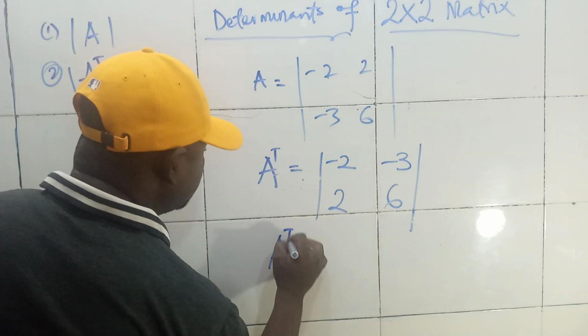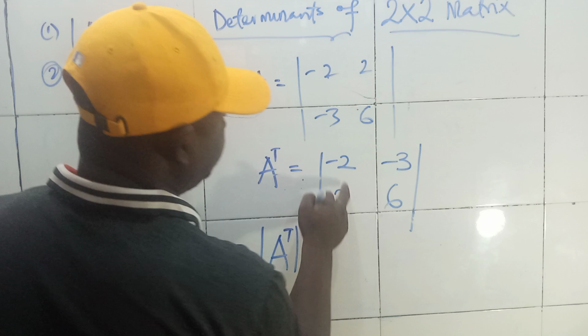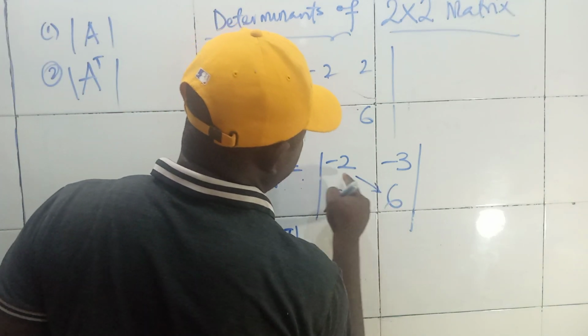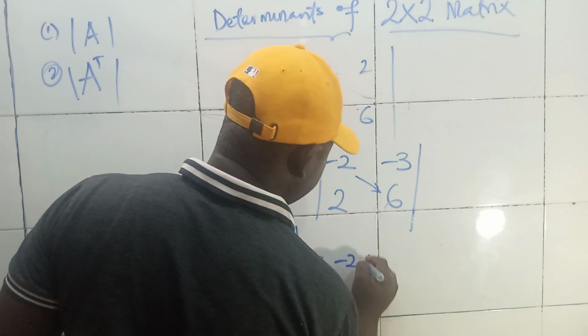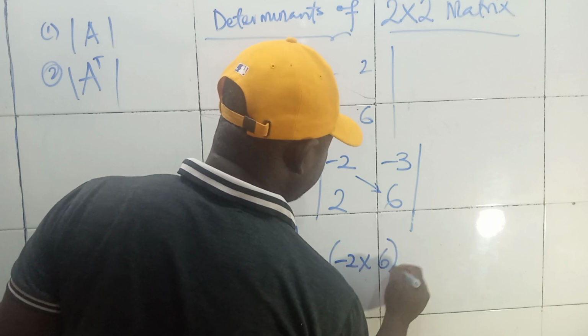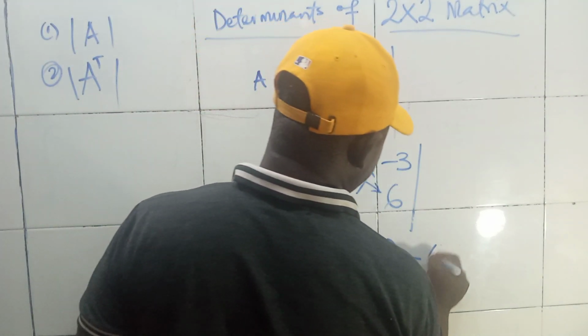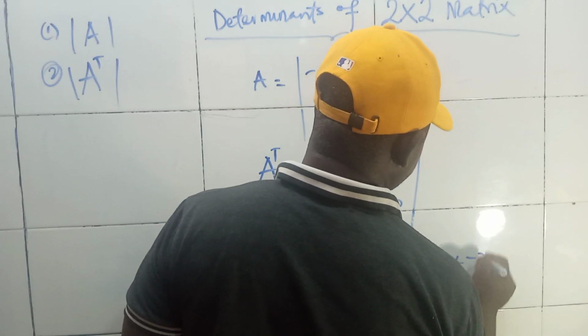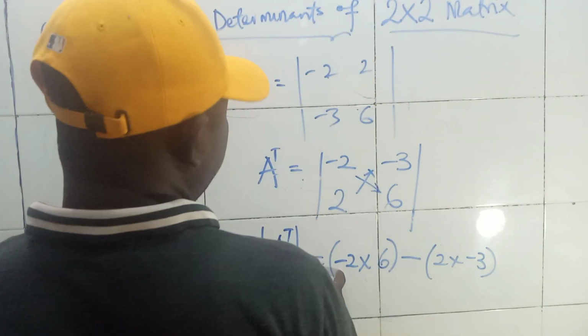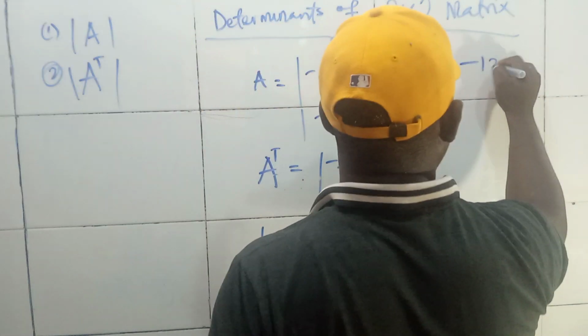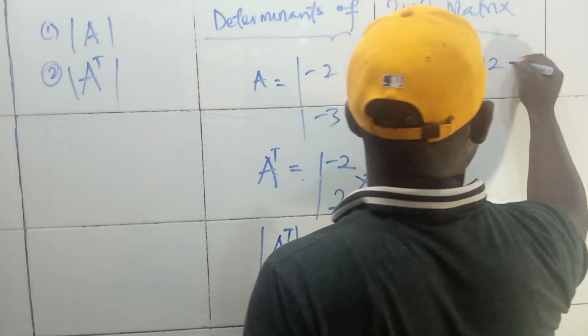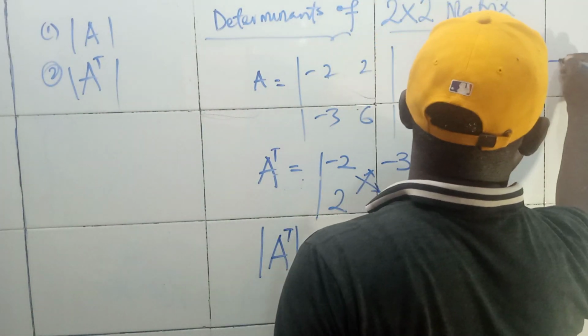So A transpose determinant will now be equal to, don't forget, like this: minus 2 times 6. Use your bracket, don't forget. Minus, then you go this way, 2 times minus 3. So you're going to have minus 2 times 6, that is minus 12. Minus into bracket 2 times minus 3, that's minus 6.